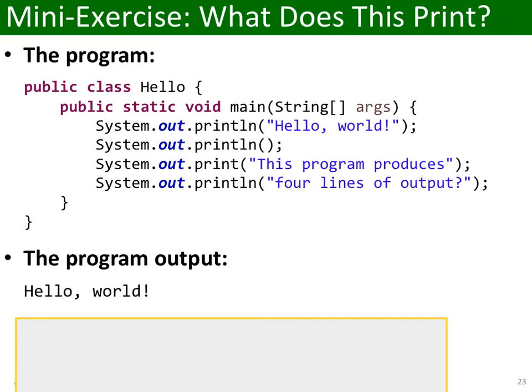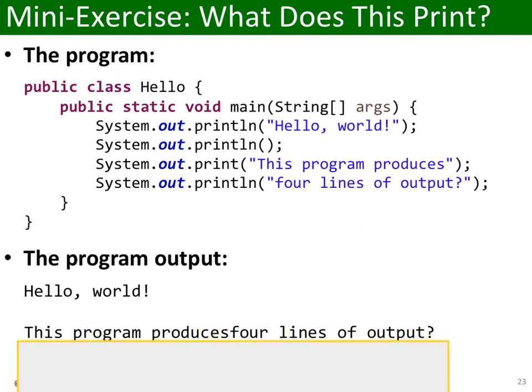Okay. Then we have a system.out.print, which will print out this program produces. Okay, so this program produces, and then immediately the next statement begins to print 4 lines of output after it.